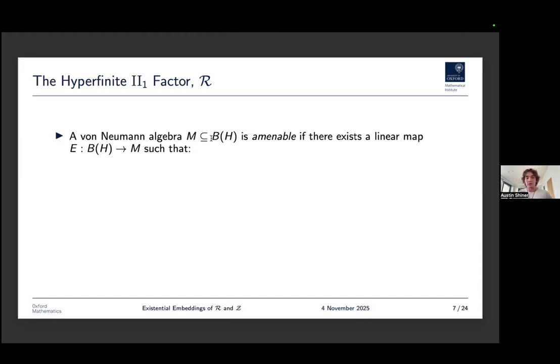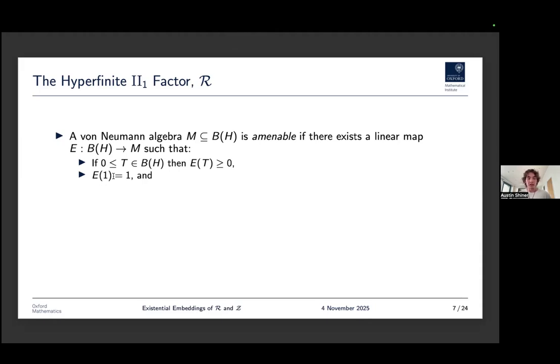So our von Neumann algebra is amenable if there exists a linear map E from B of H onto M such that number one, E preserves positivity. So if we have some positive linear operator T, then E of T is also positive, or not negative.